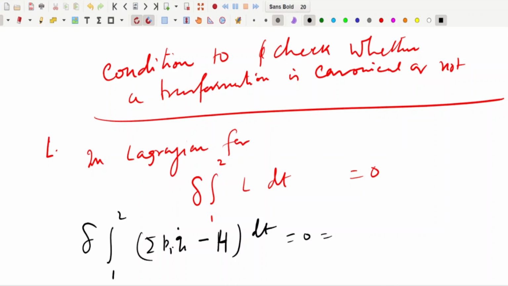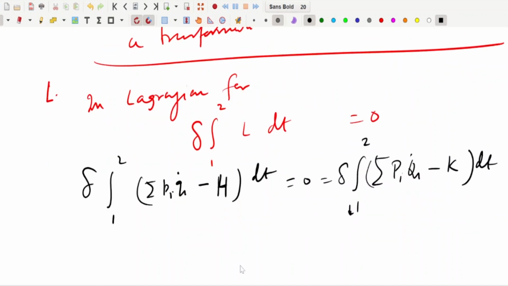That we know, the action between the initial and final time, sum over pi qi dot minus K. This condition has to hold for a canonical transformation.